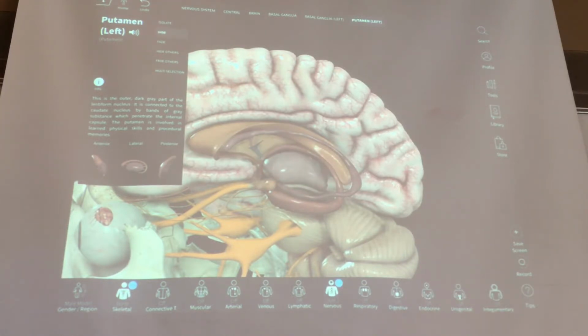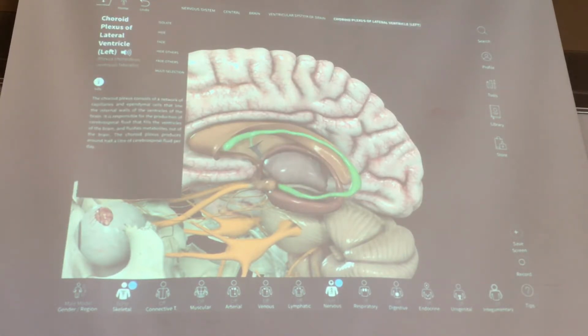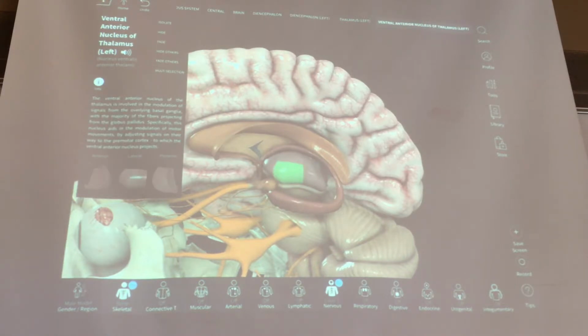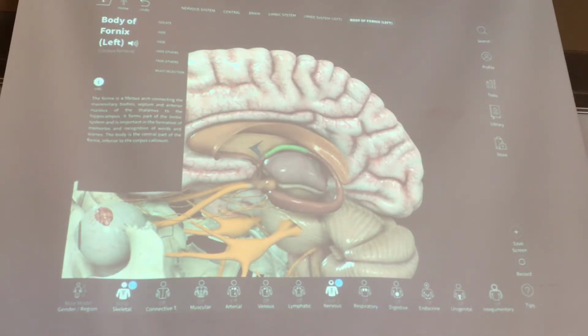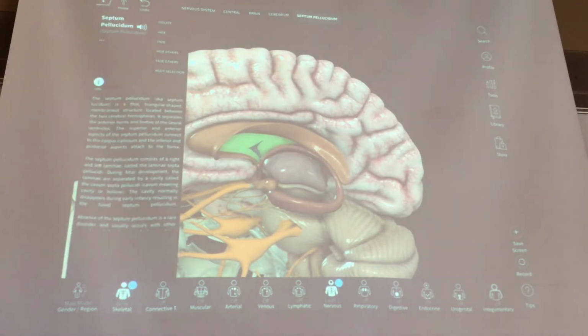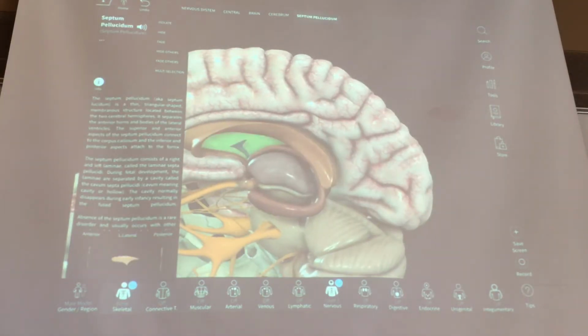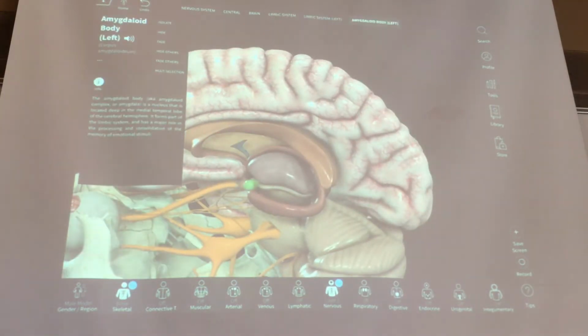And I'm going to remove the ventricle as well. And then right here is your thalamus. And so, actually, no, I'm looking for the hippocampus. Gets a little complicated in here. I think this is your amygdala. So there's the amygdala and then the hippocampus.